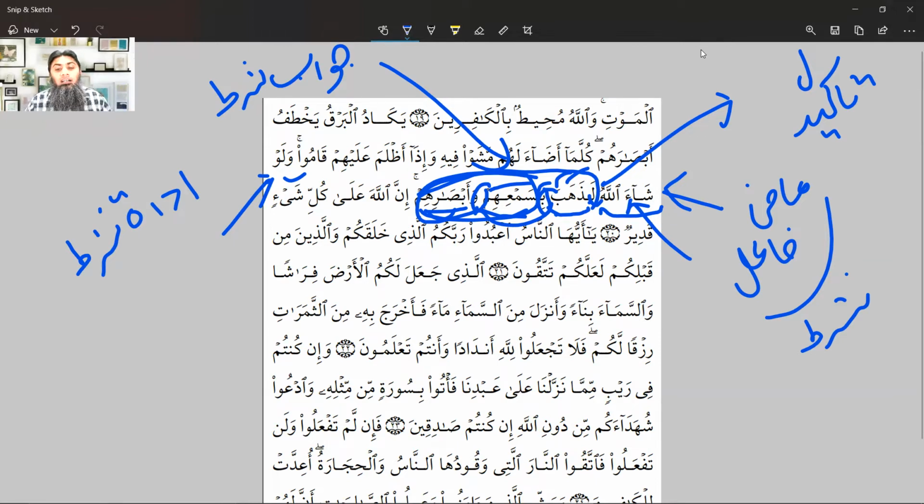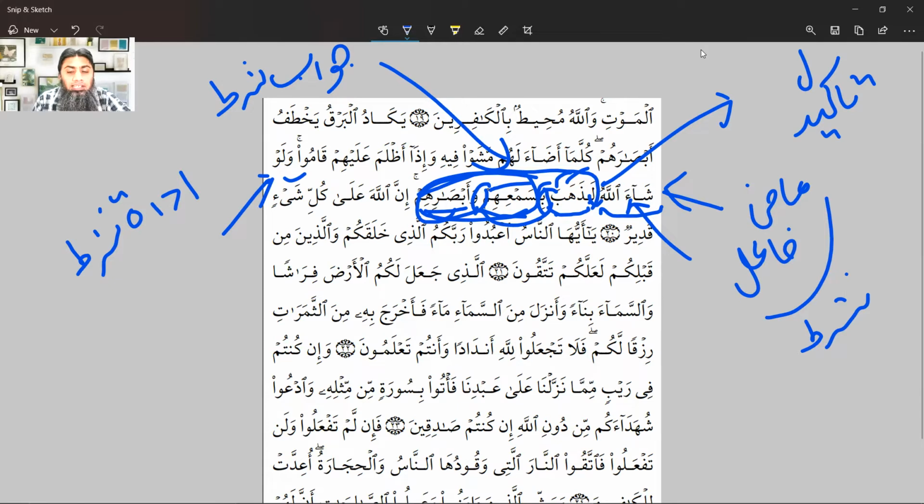La zahaba, in this place, you can still say that he went, bisam'ihim, with their hearing and with their sight. This will be the literal translation. Had Allah willed, he would have surely gone with their hearing and with their sight.